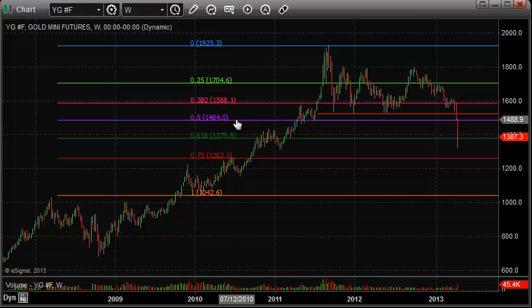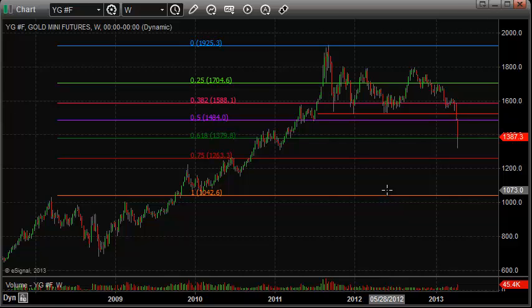Now we've declined down to about 1380, which is the 62% Fibonacci, which is the expected retracement. If we start to lose this, then we get into this 75% retracement. And then if we get into there, we're essentially really just kind of giving up this whole run. We're probably going to wind up retracing the whole thing down to about $1,050. So a couple key areas to watch here going forward.